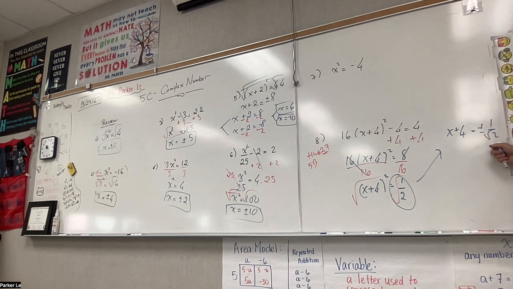Is that a final answer? No. Let me continue. I'm going to get x by itself. It's minus 4, right? So x equal, can I add something with 4 and square root of 2? Can I do anything with them?